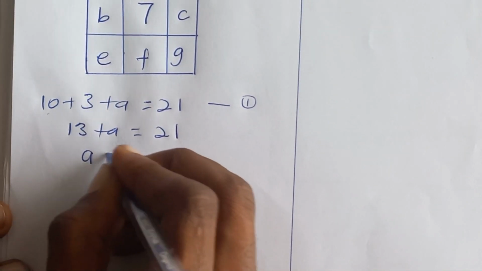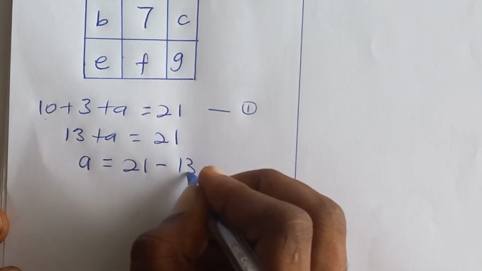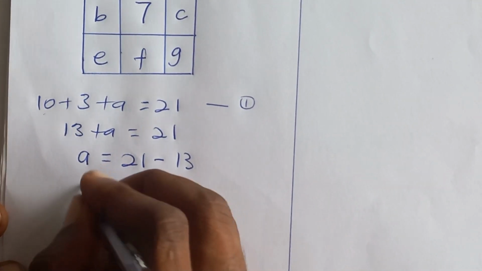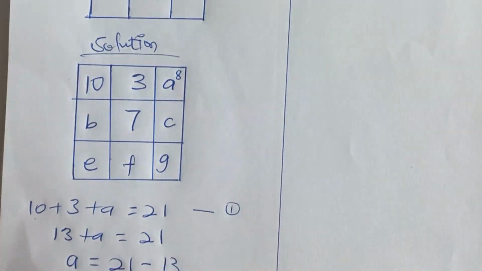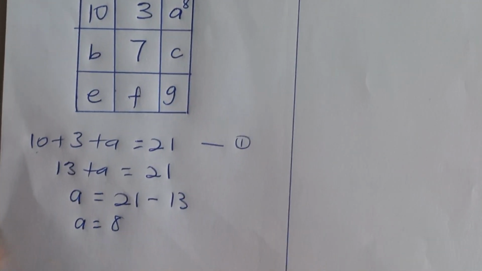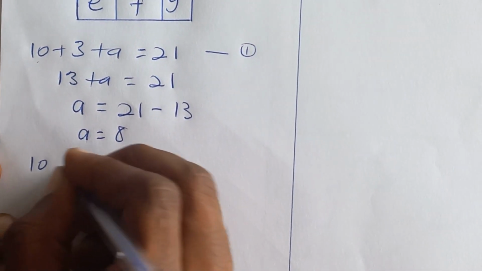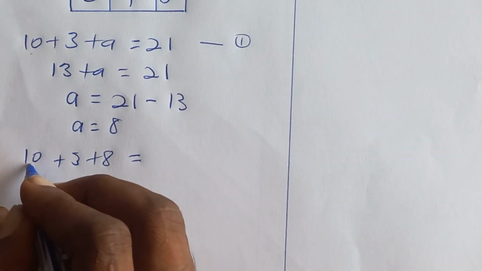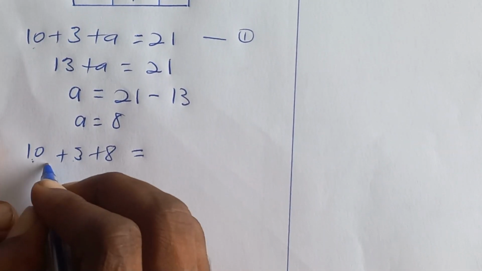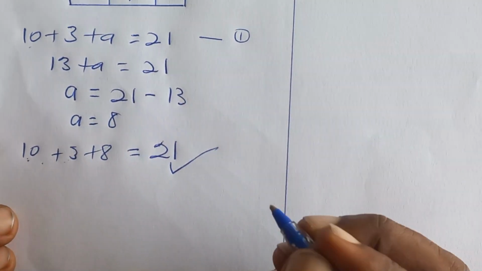So A is equal to 21 minus 13. And 21 minus 13 is 8. So it means that A is 8. Let's verify and see if it is correct. So you get 10 plus 3 plus 8. So 10 plus 3 is 13, plus 8 is 21. So it means we are correct.